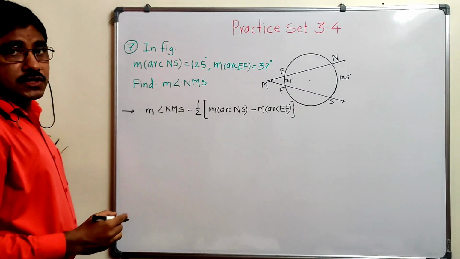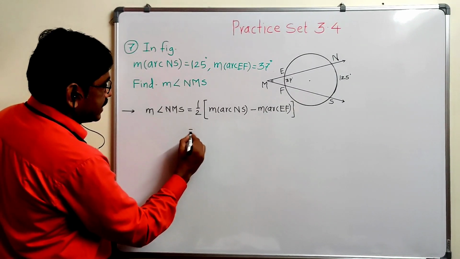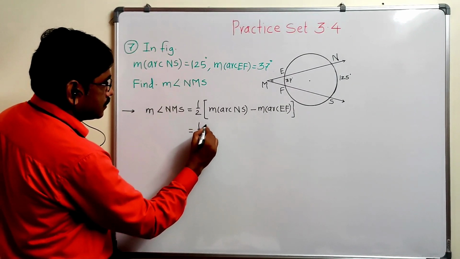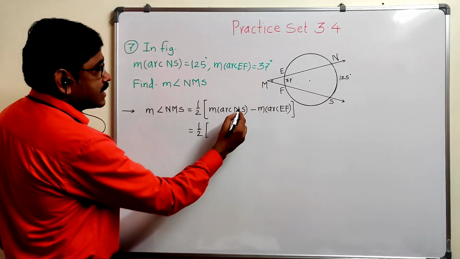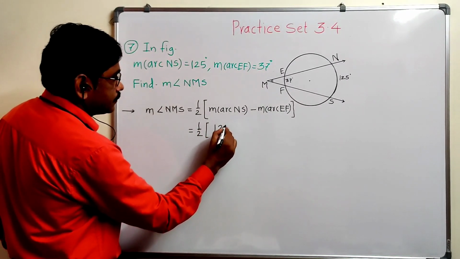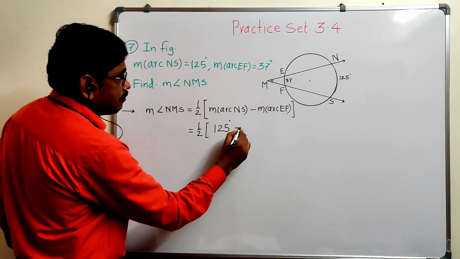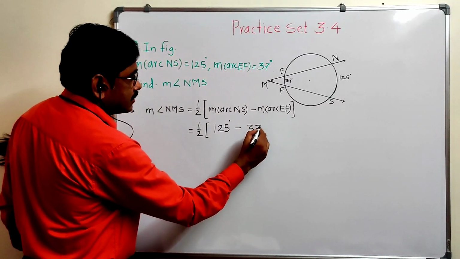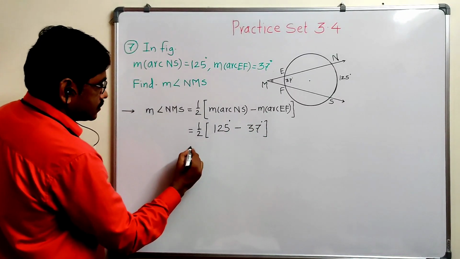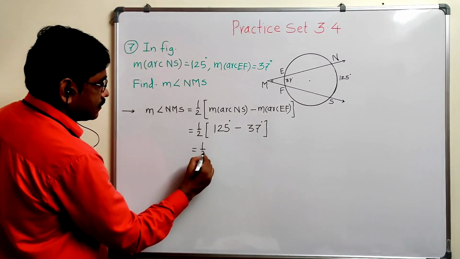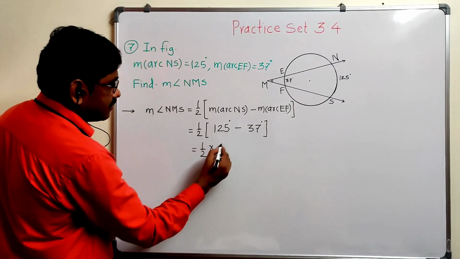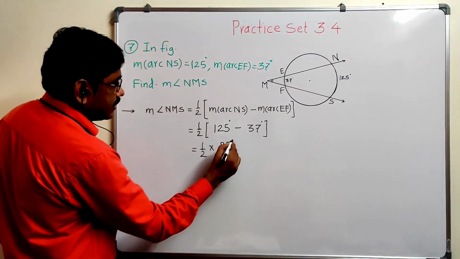Now substitute the values. So we get half into bracket, this NS is 125 minus this 37 degree. So we get half into this difference is 88 degree.